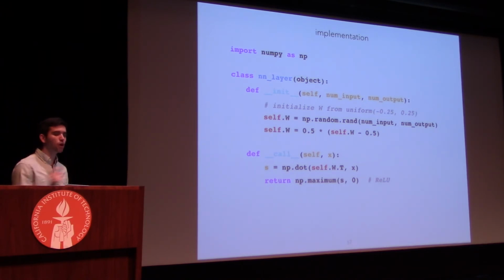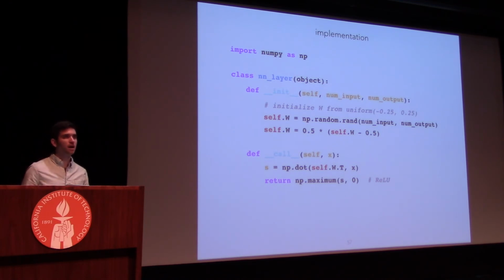And then whenever we call this layer, we call it with some input x, and then we just calculate this dot product and send on the output. And more sophisticated implementations will have this class object hold on to its gradients, hold on to previous activations and things like that.